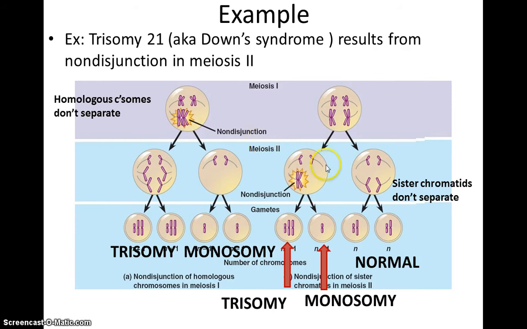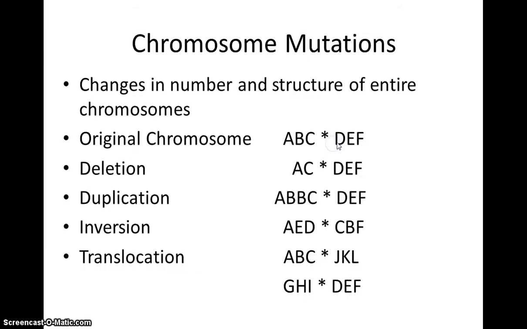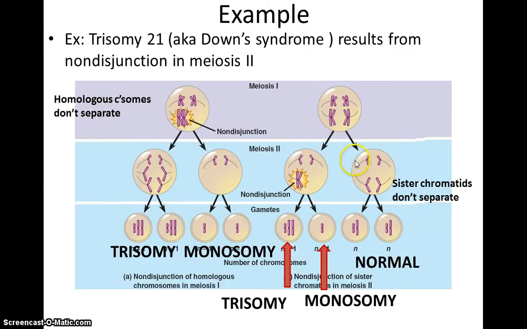In the other case, which is what we see in Down syndrome, in meiosis 1, everything proceeds normally. The homologous chromosomes separate from each other. The problem becomes in meiosis 2, where the sister chromatids don't separate into individual chromosomes like they're supposed to. So this is only going to happen in one cell, and it leads to one gamete, egg or sperm, that is going to have a trisomy, where again you have three copies, and one monosomy with one copy of the chromosome.